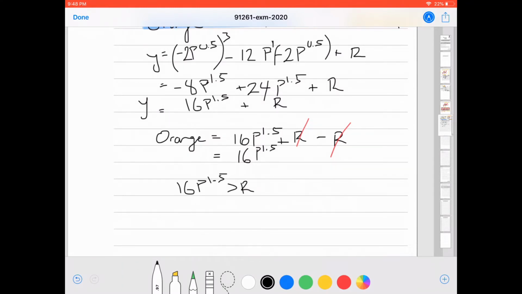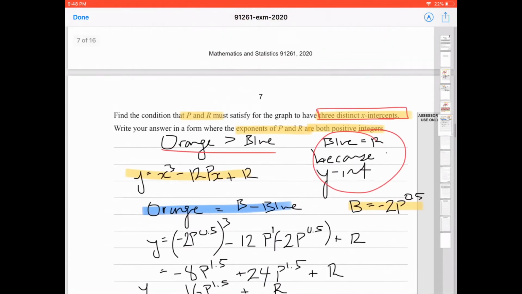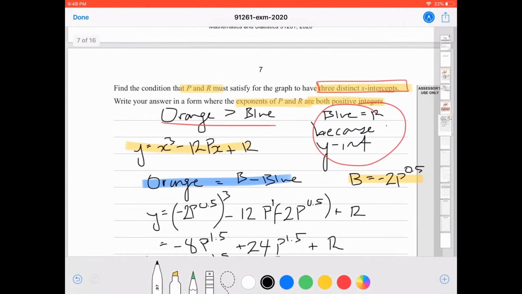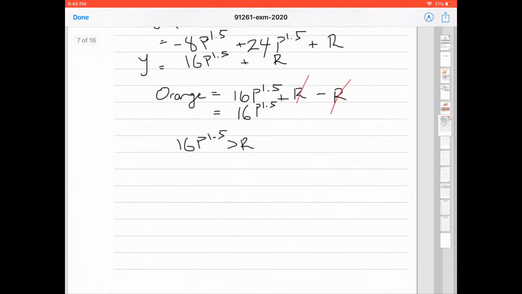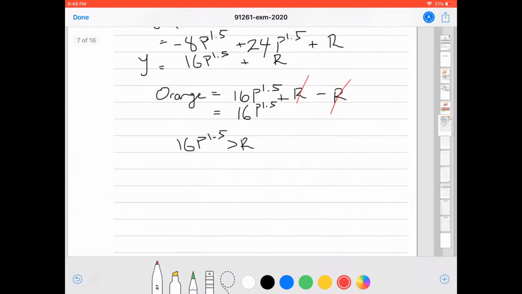Now we could do some rearranging here, remembering that they're asking us to find a condition that p and r must satisfy, writing our answer in a form where the exponents of p and r are both positive integers. So let's just rearrange for p in this case, because we've got a value for r. We also need to find a value for p.